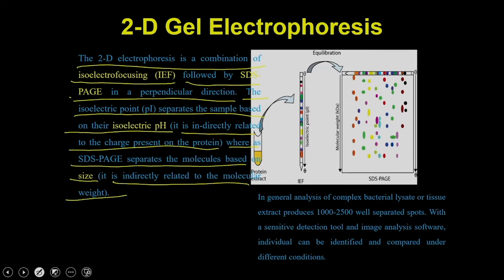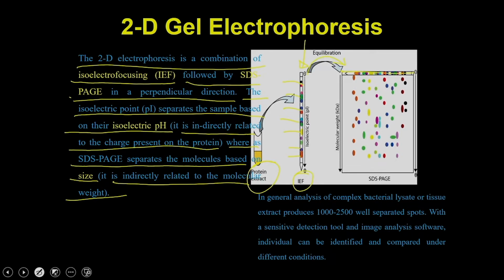So, what you can see is, suppose you have a complex protein mixture. In the first dimension, you load it onto the isoelectric focusing strips, which resolves these molecules based on the isoelectric point. Then you rotate it by 90 degrees and run it as per the molecular weight.